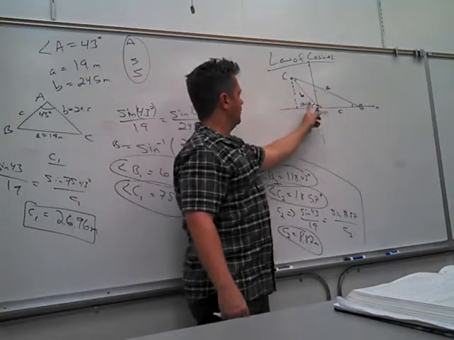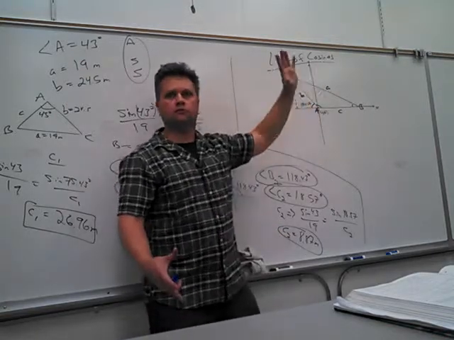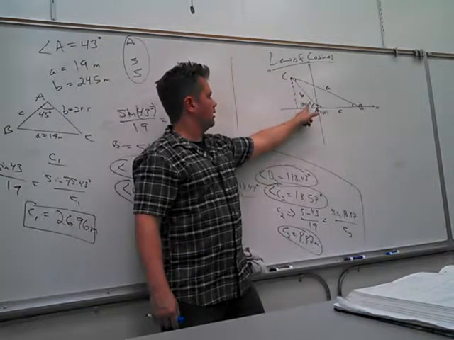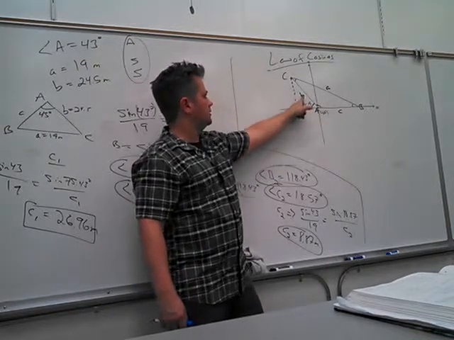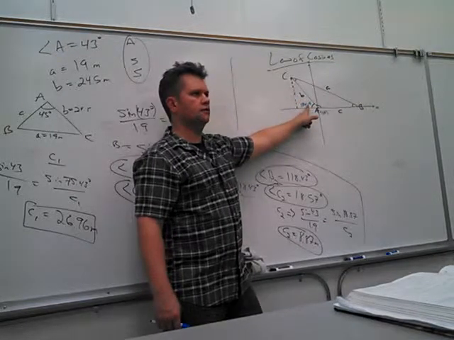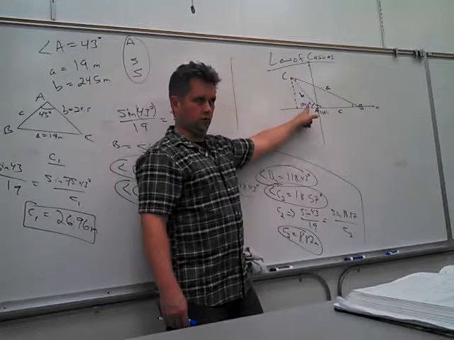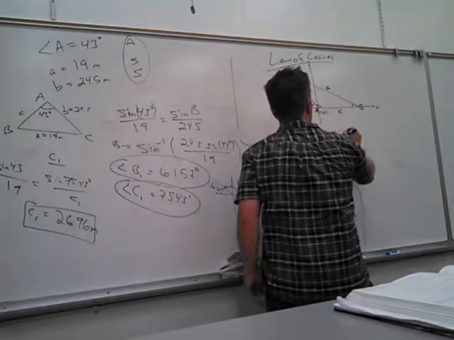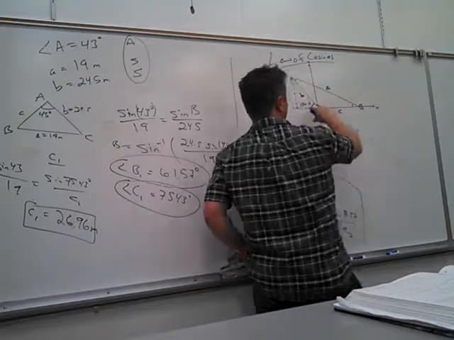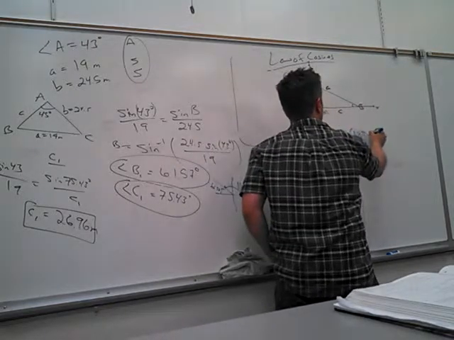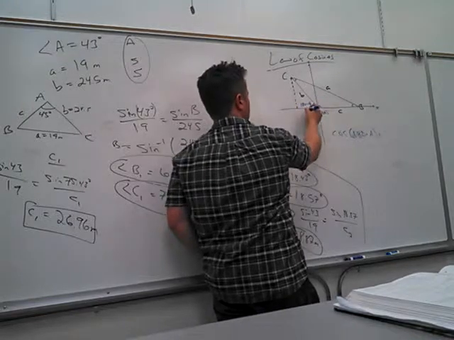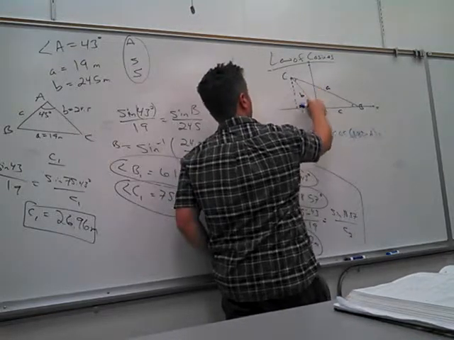I got A, B, and C, and the only one that's in this triangle is B. So what ratio do I want to set up that involves this side and this side? What trig function would I use on this? Cosine. Cool. So I've got cosine of 180 minus A equals this side, let's call this X, over B.